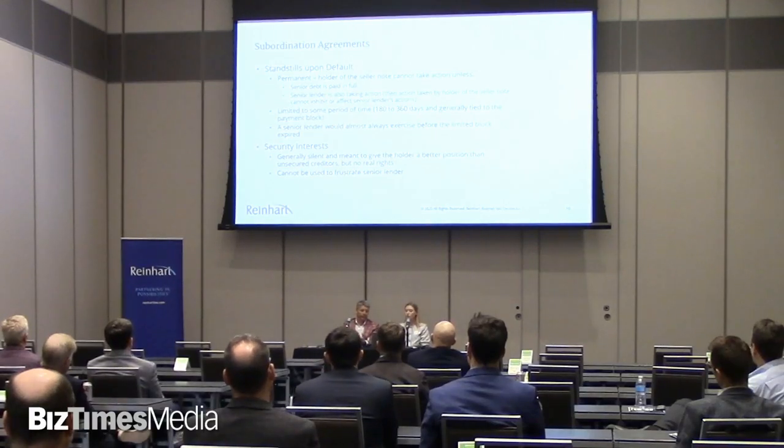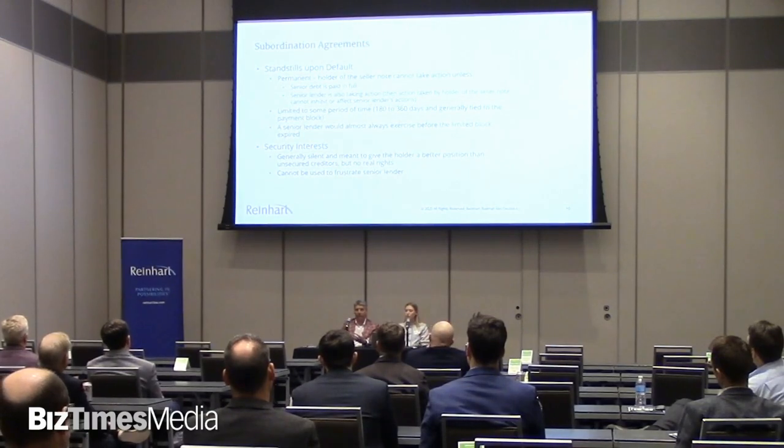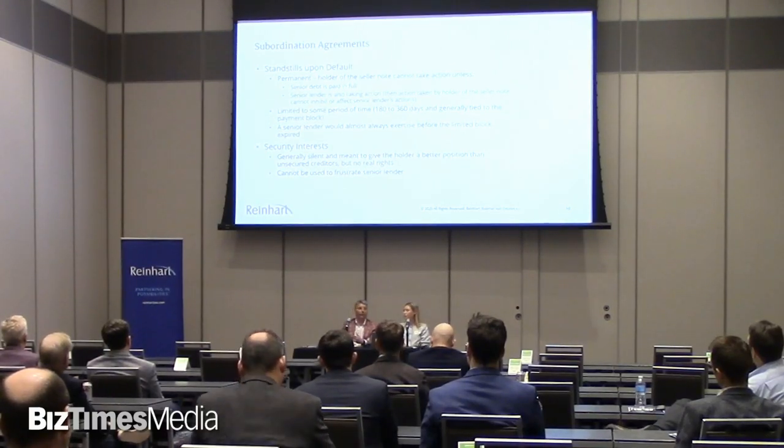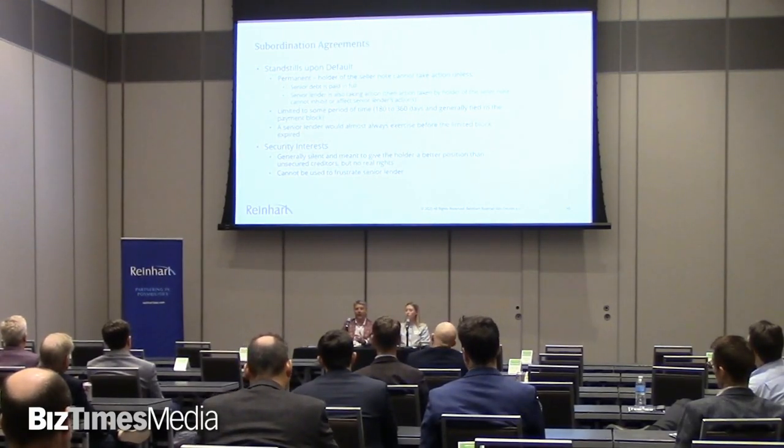Security interests. A couple of things. Generally, the goal of the security interest, I think, should be to get the seller ahead of general unsecured creditors if something negative happens. It's not really to give them the typical lien rights that a bank would have.